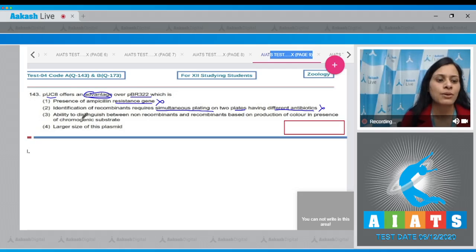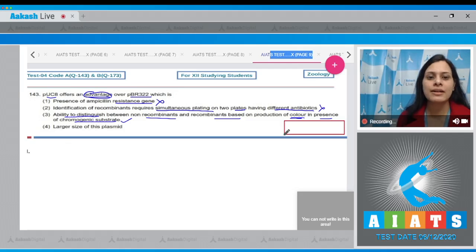The next option given is ability to distinguish between non-recombinant and recombinants based on production of color in presence of chromogenic substrate. This is a correct answer to our question because this is an advantage offered by pUC8 over pBR322. pUC8 recombinants produce white colonies due to insertional inactivation of beta-galactosidase, whereas non-recombinants produce blue-colored colonies.